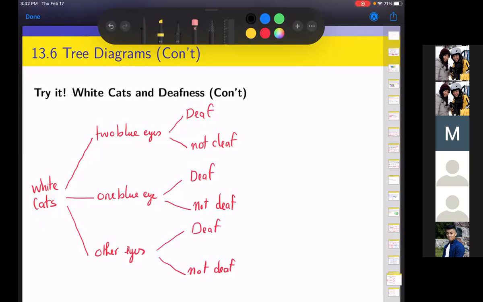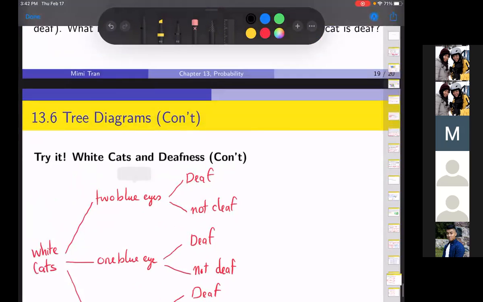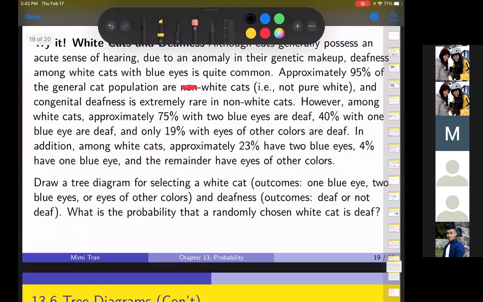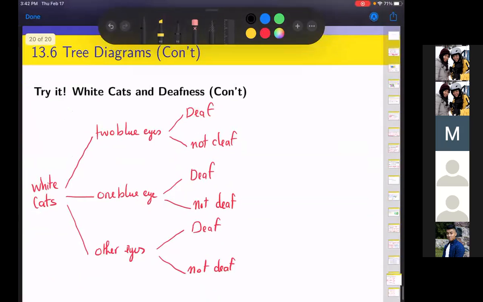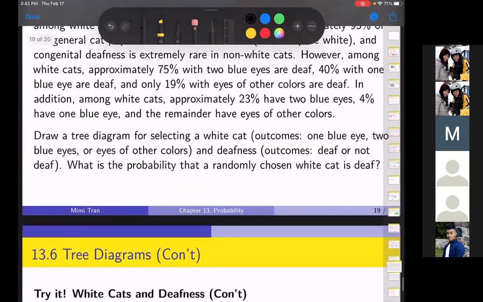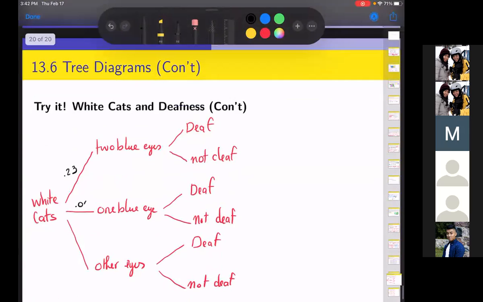Okay, now the numbers. Let's see, white cat with 2 blue eye, 23% blue eye, so 0.23 here. And then 4% is 1 blue eye, so 0.04.